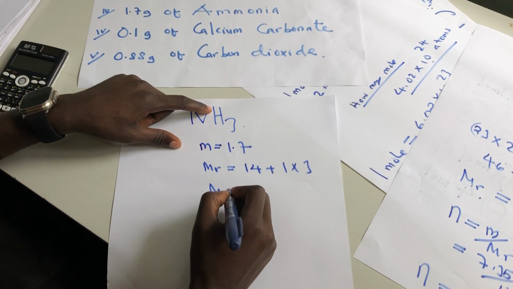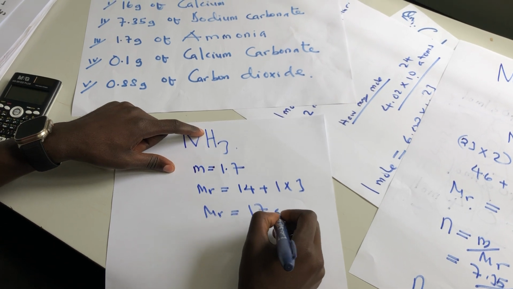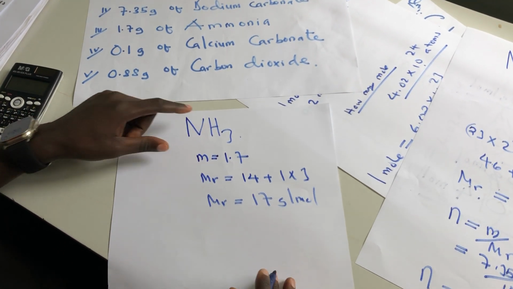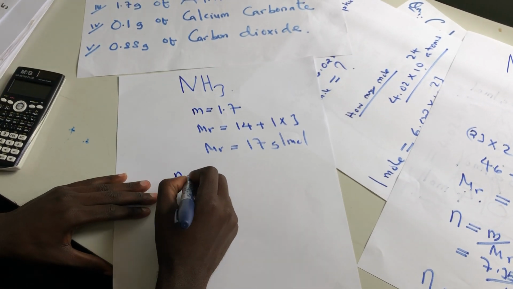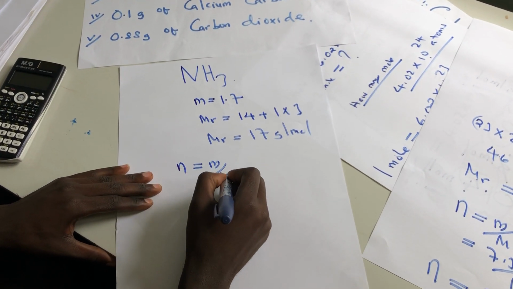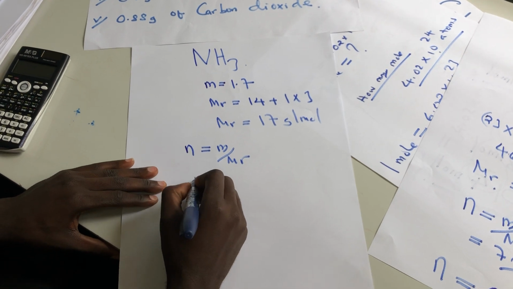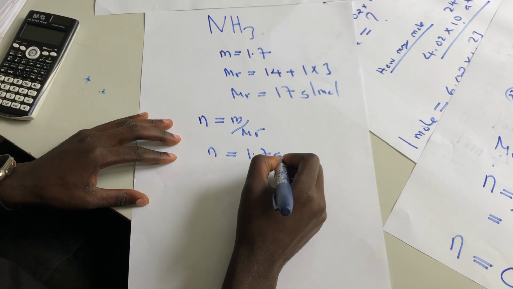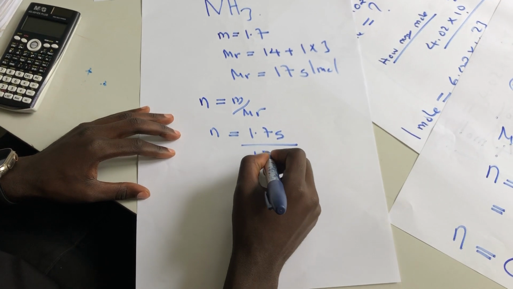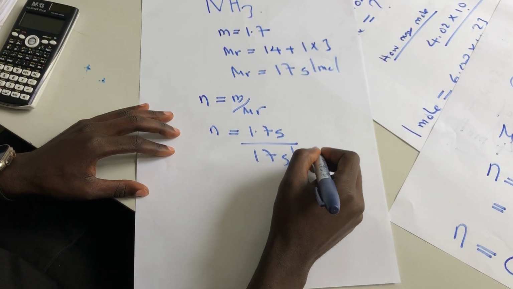So the molar mass for ammonia equals 17 grams per mole. And then to find the number of moles, take mass over molar mass. So number of moles, mass given, is 1.7 gram divided by molar mass, which is 17 gram per mole.